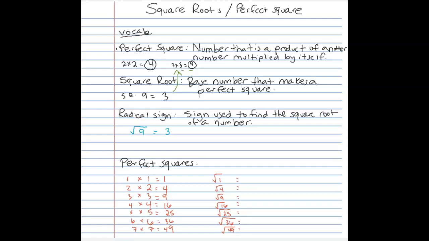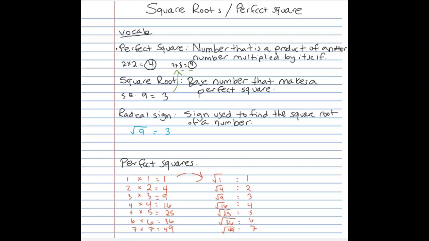Alright, so what I want you guys to do is, on your calculators, square root of 1, we have 1. 2, 3, 4, 5, 6, 7. That part's easy. We just went over that.